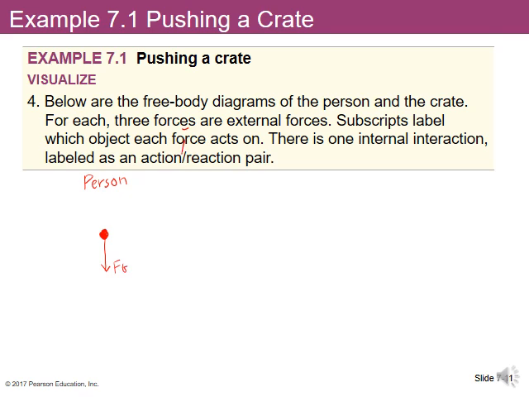Let's have the normal force that the ground is pushing back up. Now, once again, just like the Earth is pulling down on the person, the person is also pulling up on the Earth. The person is pushing down on the ground and the ground is pushing back up on the person. We have also the force that the crate is pushing back on the person, right? So the crate is pushing on the person this way.